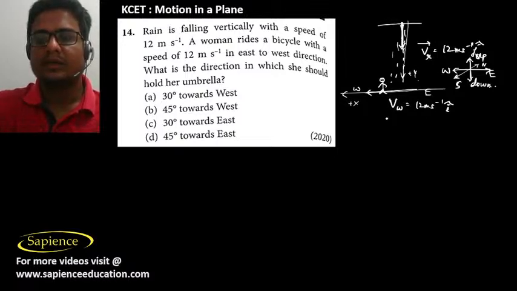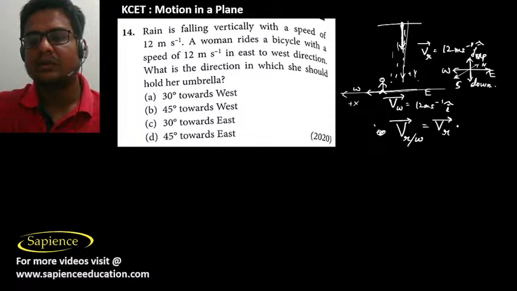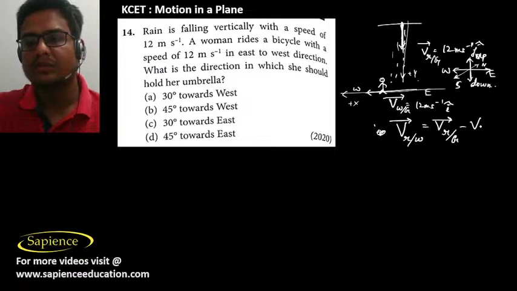So now we have to find the velocity of the rainfall with respect to the woman. That will be equal to velocity of rainfall with respect to ground minus velocity of the woman with respect to the ground.